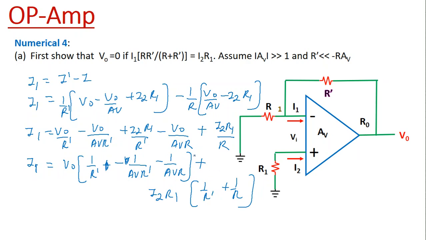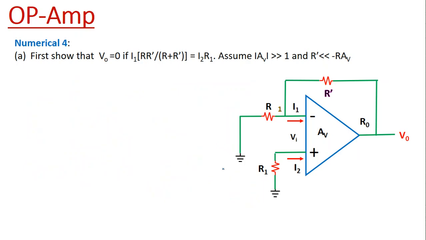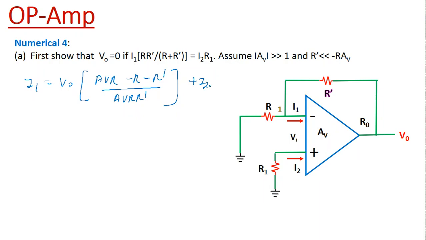Now we take the LCM of both these equations and we get I1 is equal to VO multiplied by AVR minus R dash divided by AVR into R dash plus I2 R1 R plus R dash divided by R into R dash.